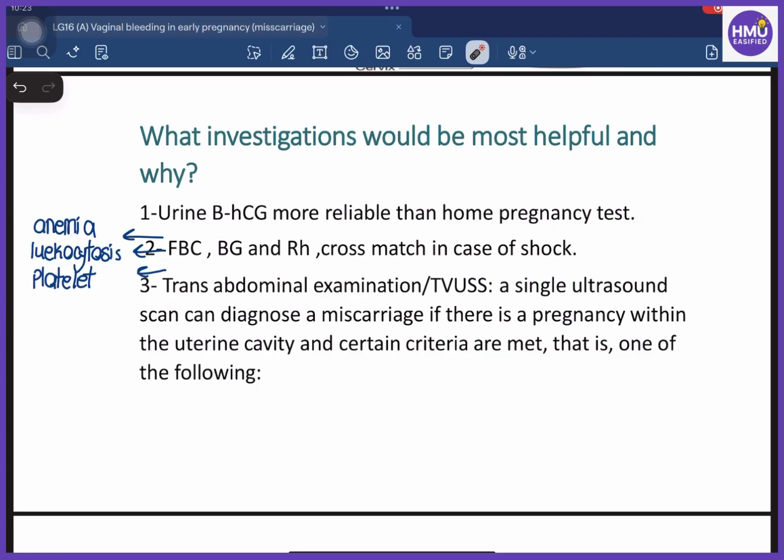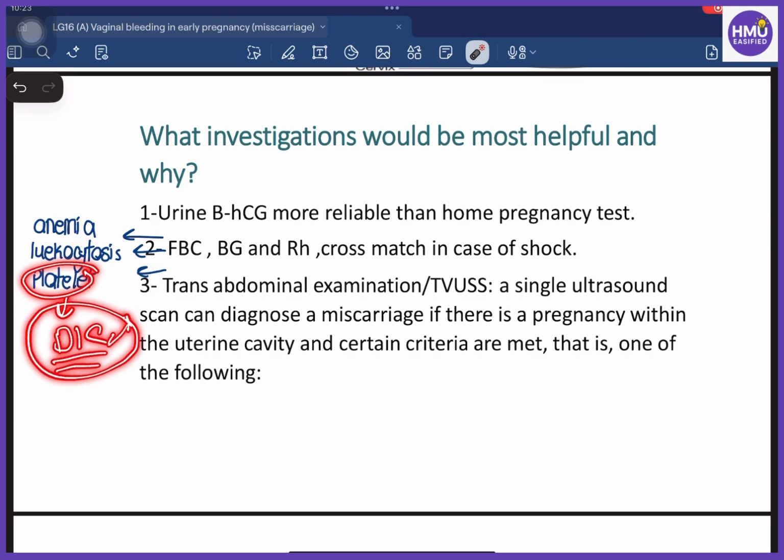Then we do a full blood count. Why? To know if there's severe bleeding and anemia, then we should consider blood transfusion. For leukocytosis in septic miscarriage or septic abortion, there will be leukocytosis. We look at the platelets for a complication called DIC.